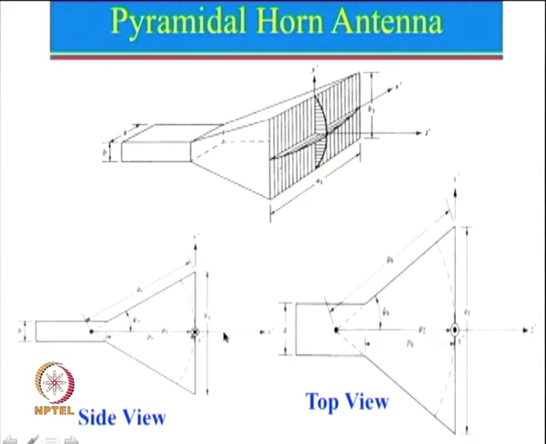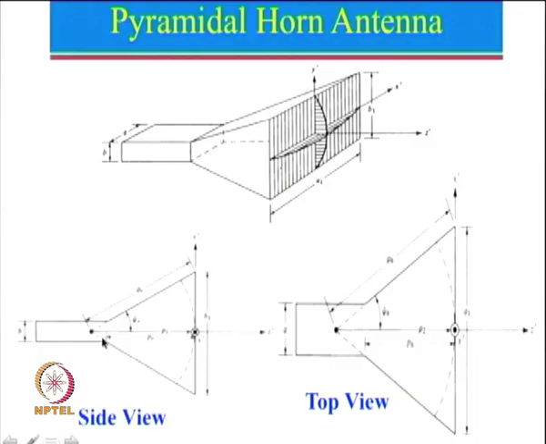So, this distance is nothing but B1 by 2 divided by this distance here, which has been taken as rho 1. Also, the same thing can be written for this here, that tan alpha of this will be this distance, which is B by 2, divided by this distance here. Okay, so, that gives one expression.